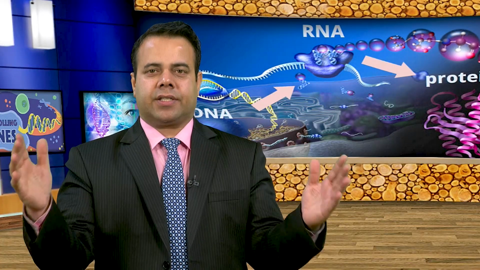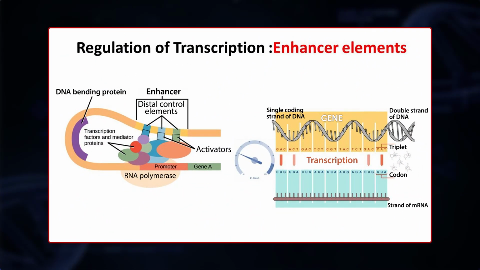Many eukaryotic genes also possess enhancer sequences, which can be found at considerable distances from the genes they affect. Enhancer sequences control gene activation by binding with activator proteins and altering the 3D structure of the DNA to help attract RNA polymerase II, thus regulating transcription.